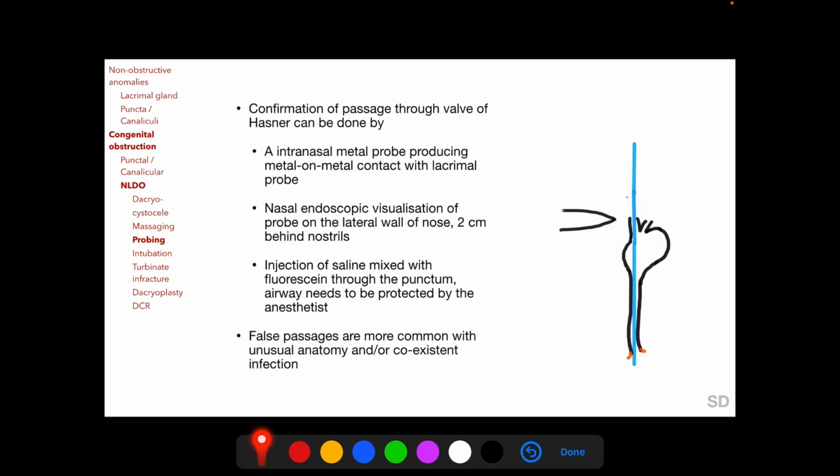False passages are more common with unusual anatomy and or coexistent infection.